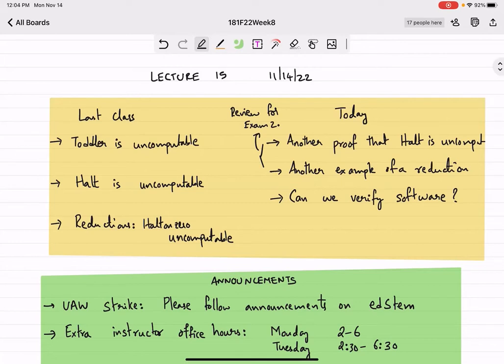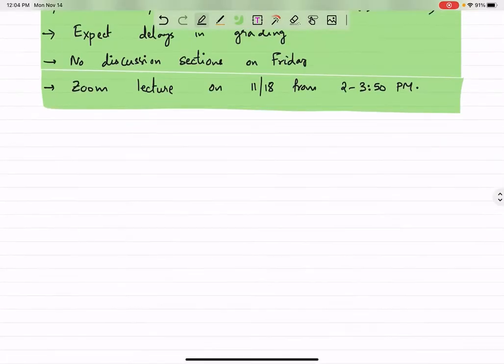And also present a slightly different proof that halt is uncomputable. It's almost the same proof, just wrapped in different language. And then we'll talk about what our next topic would have been, which is whether or not we can verify software. What are the challenges in it and what can we do to mitigate them and so on. Okay.